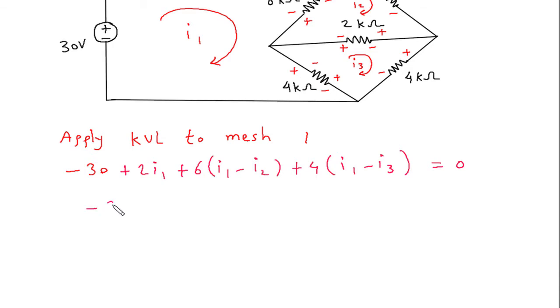So this will be minus 30 plus 2 I1 plus 6 I1 minus 6 I2 plus 4 I1 minus 4 I3 is equal to 0.